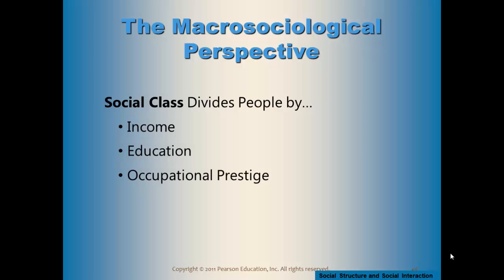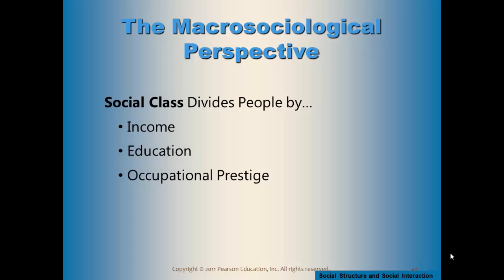In a class society such as we have, one of the ways that we move up in society is through our education. Those of you who are taking college courses here and pursuing a degree are interested in earning more money and improving your life. We're all raised with this basic understanding that the more education we have, the more likely it is we can climb that social class ladder.